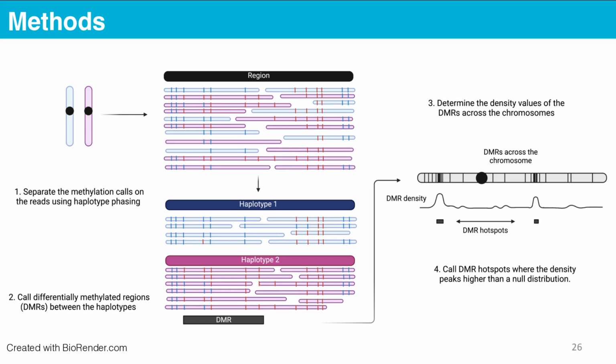So I first separated the methylation calls using haplotype phasing and then called differentially methylated regions between the haplotypes. So these are DMRs. You can see a schematic of a block of DMR beneath the two haplotypes. So this is a region where there's different methylation between the alleles.